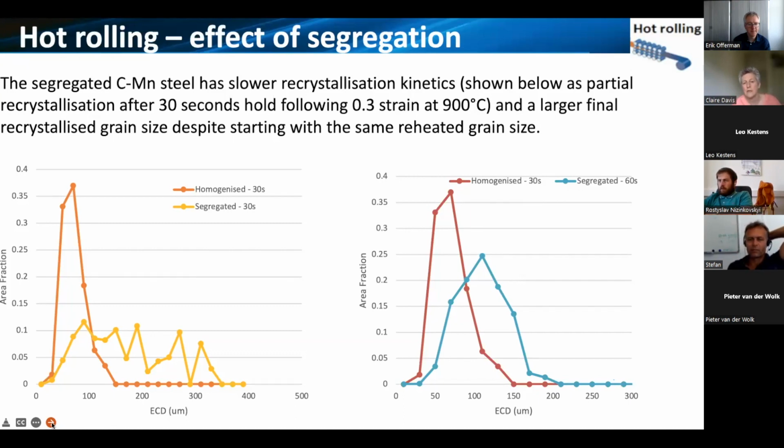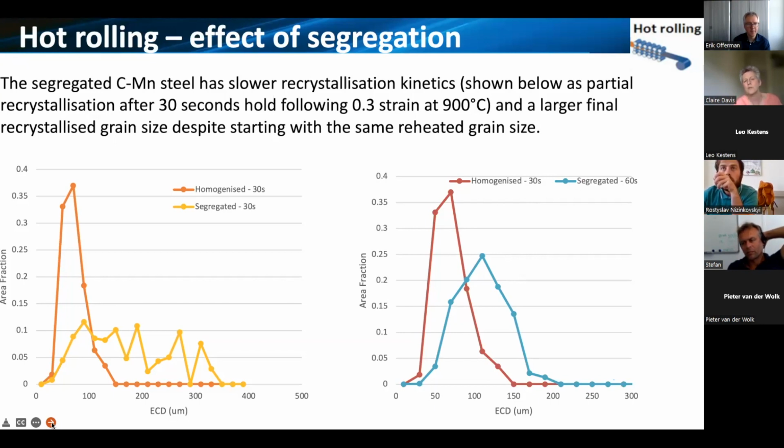And in this particular case, the homogenized material is fully recrystallized, which is actually what we would predict by using the average composition, starting austenite grain size and strain from the equations that are in the literature, the Dutta-Sellars type equations. But interestingly, same conditions, the segregated material is only partially recrystallized. And I want to emphasize they did have exactly the same starting austenite grain size.